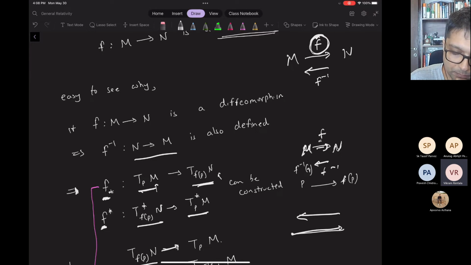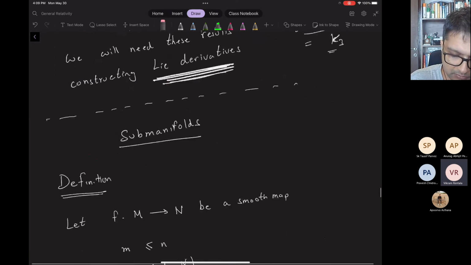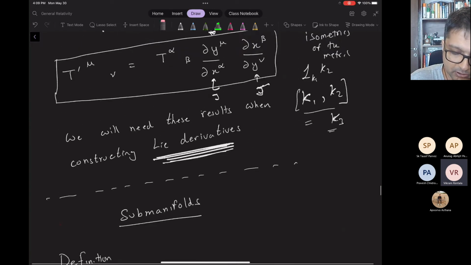But you can now pull back vectors using f inverse, and you can push forward dual vectors again using f inverse. So if this is a diffeomorphism, then all of these possibilities are allowed. I won't write them down, but we derived in particular coordinate systems what the dictionary looks like.